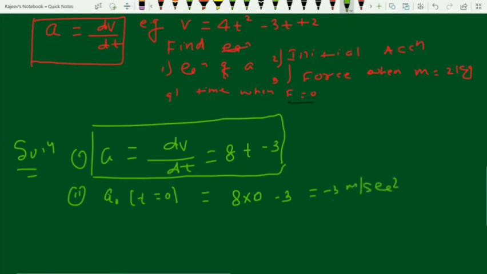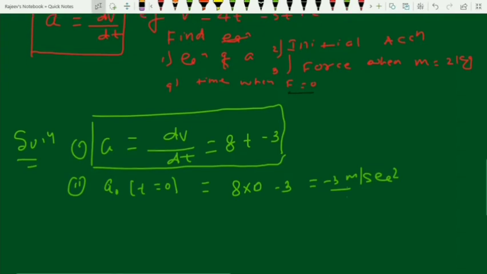You have to mention the answer as minus 3. You cannot take plus 3, because acceleration is a vector quantity, so it may be positive or negative. What will be the significance of the negative sign? I will discuss when I teach you motion, right?